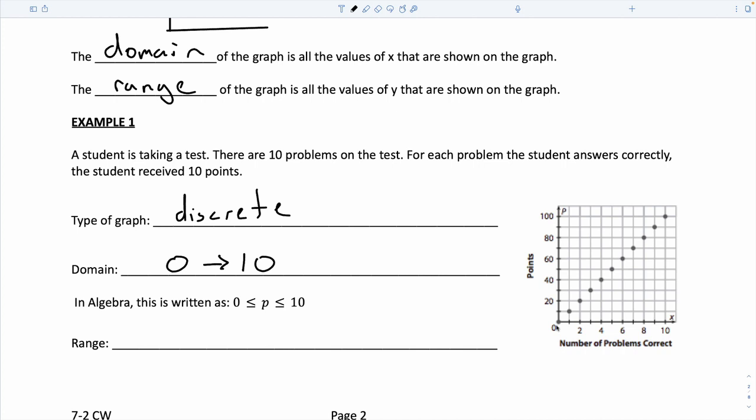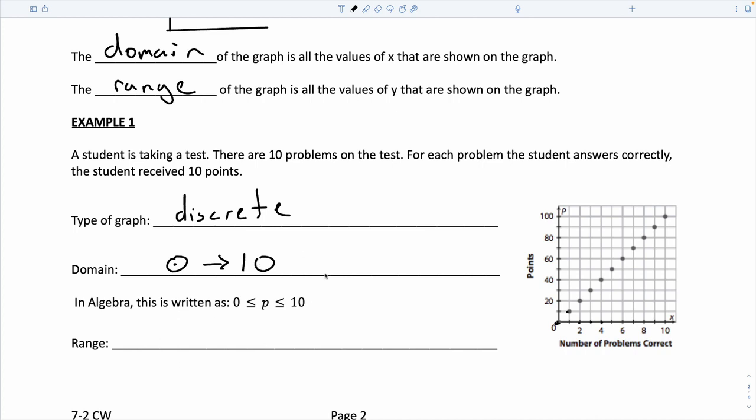This is 0, this is 1, this is x is 2, x is 3, x is 4. Could you score over 100 points and get 11 questions correct on the test? The domain cannot be 11. The domain cannot be -1. The domain has to be between 0 and 10 because these are all the questions.